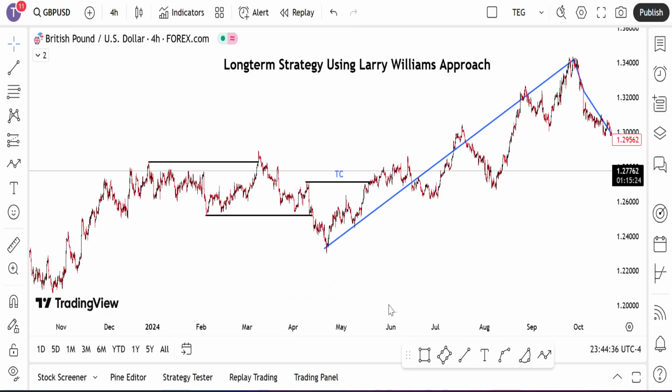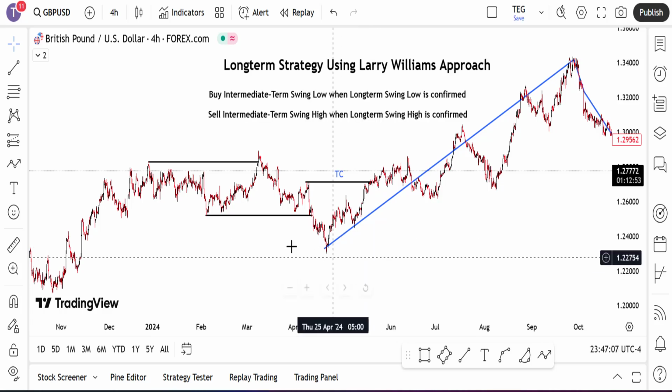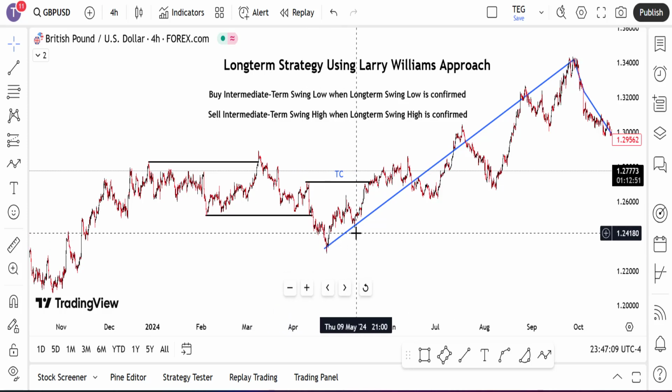The strategy is very simple. The way we trade our long-term swing, like I said in my previous video, when we are looking for a way to buy on the intermittent swing lows, after our intermittent swing low has been formed, we look for a way to buy every short-term swing in the market, similarly to the long-term swing.